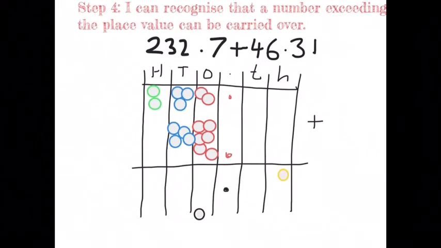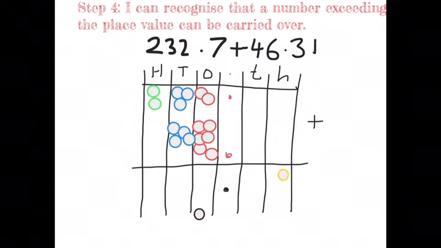Our next step is step 4. I can recognize that a number exceeding the place value can be carried over. So what that means is, here we had 10 tenths, which actually equal 1 whole number. If you count them all up, we had 10, so that carried over to the next column. So that's what we've done, we've carried over.